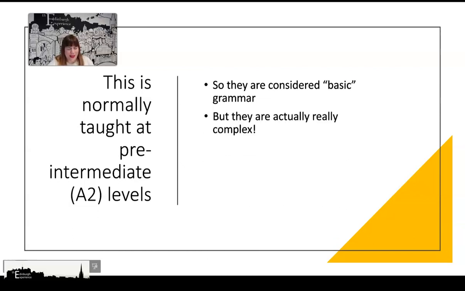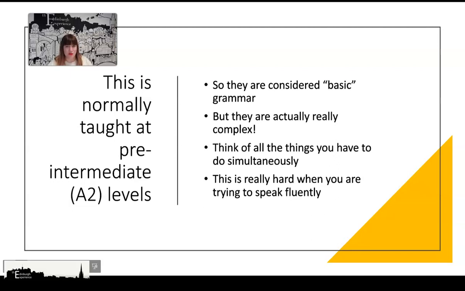But they're really complex. Look at all the things that you have to do simultaneously. Yeah, so this is really hard to do if you are speaking and trying to speak fluently, and you suddenly have to be like, oh, what's the auxiliary which I need to use with this sentence? I made a positive sentence, this has to be a negative one. It's a really difficult thing to produce.